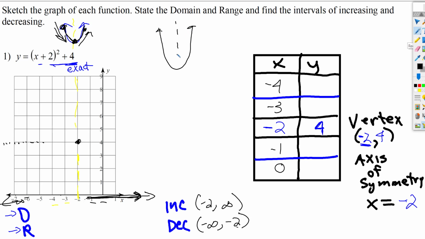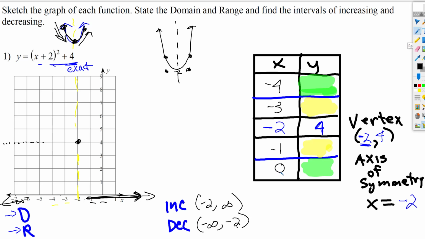Because it is symmetrical, if we put in a number here and get that height, that same distance away from, let's say, negative 2, will be at the same height. So if we put in negative 1, that's 1 away from negative 2. Well, 1 away from negative 2 is also negative 3. Those two should have the same height. And then 0 is 2 away from negative 2. And negative 4 is also 2 away. So they should have the same height.